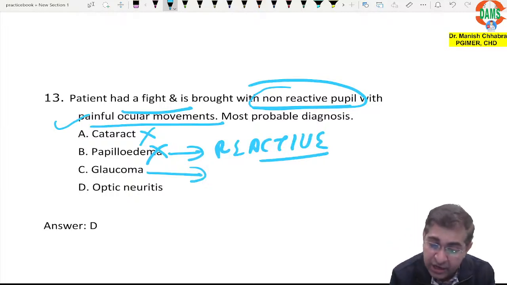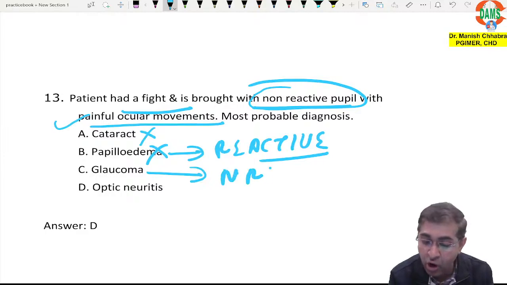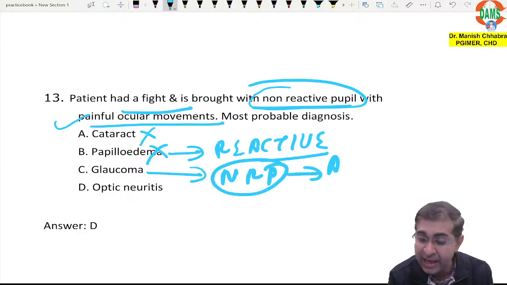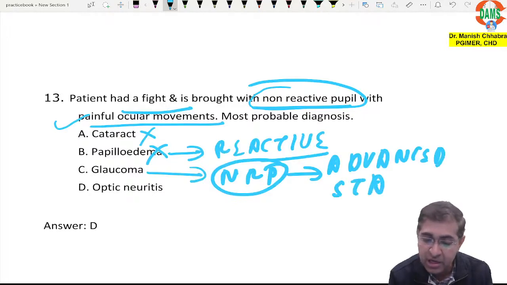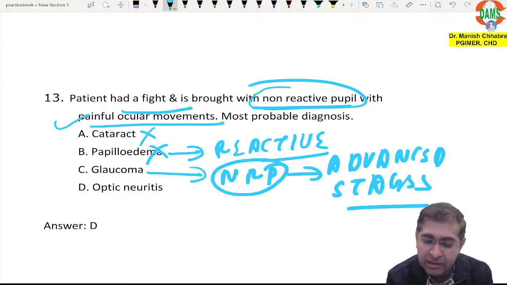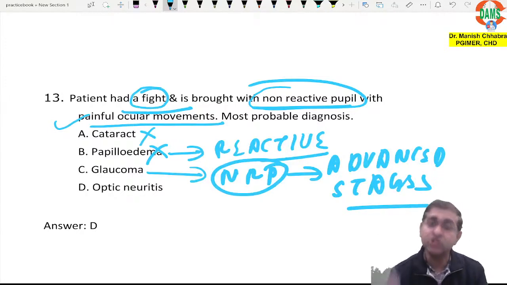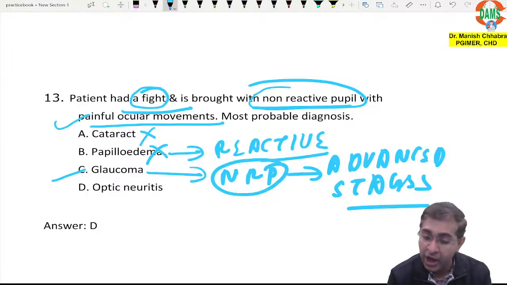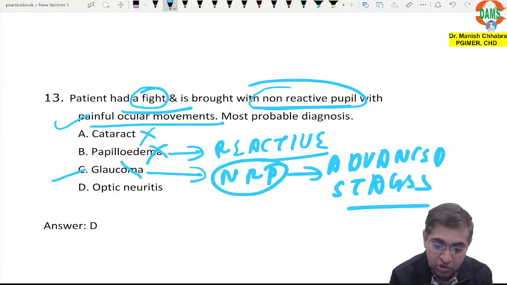And of course, in glaucoma, there can be a non-reactive pupil in advanced stages. But it will not be like the patient had a fight and suddenly there is glaucoma and the pupil has gone non-reactive. Does not make any sense. So this is also eliminated.